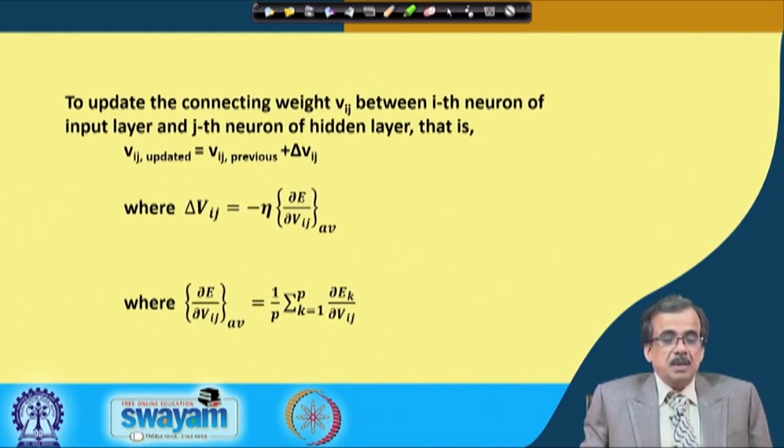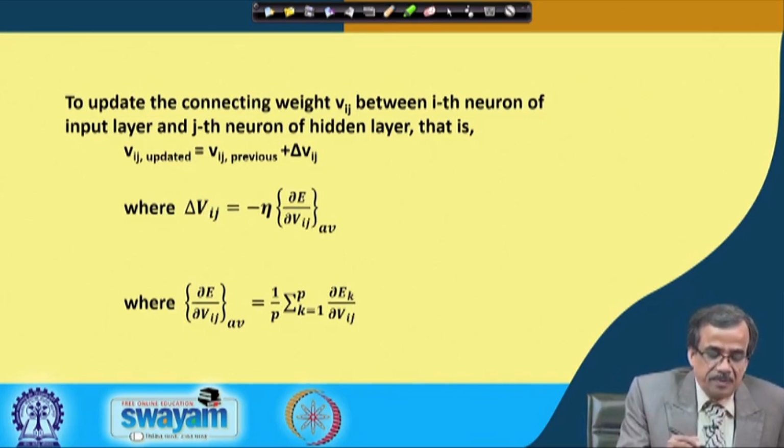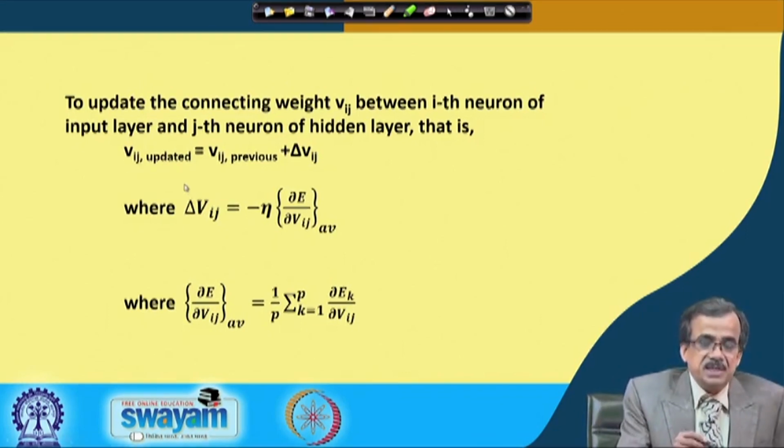Now, once you have got the change in W, we are going to discuss how to find the change in the V matrix. Let me concentrate on V_ij, that is the connecting weight between the ith input neuron and the jth hidden neuron.